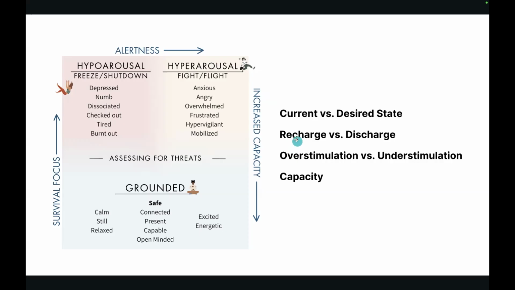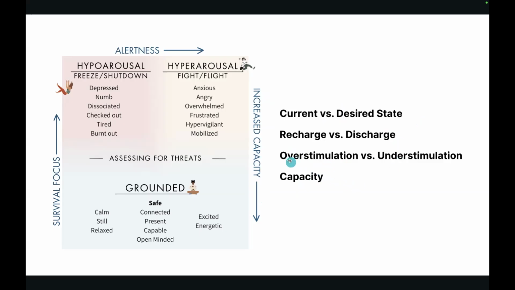Or do I need calming input, something like the ocean to go sit and breathe and really just recharge, unwind? All of these are not an either-or, somewhere in between, but they're just helpful scales that I like to keep in mind to track what's going on with people.